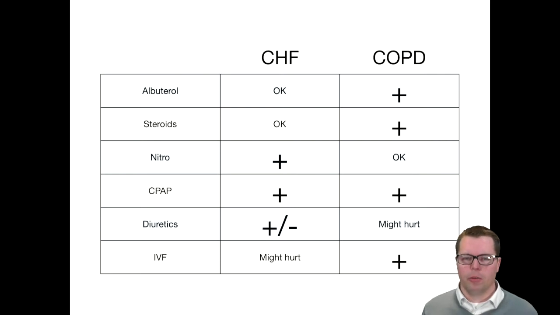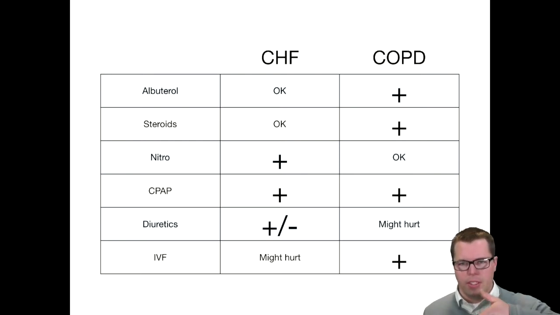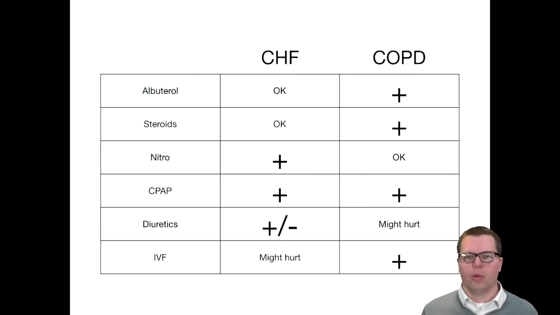So if you stay away from the fluid balance stuff, i.e. the diuretics and the IV fluid, if you're not sure, then it is generally safe to give COPD treatments to somebody with CHF and CHF treatments to somebody with COPD within reason if it's unclear exactly which is the problem. In the end, the best I can give you is pick which one you think is most likely and then treat that.